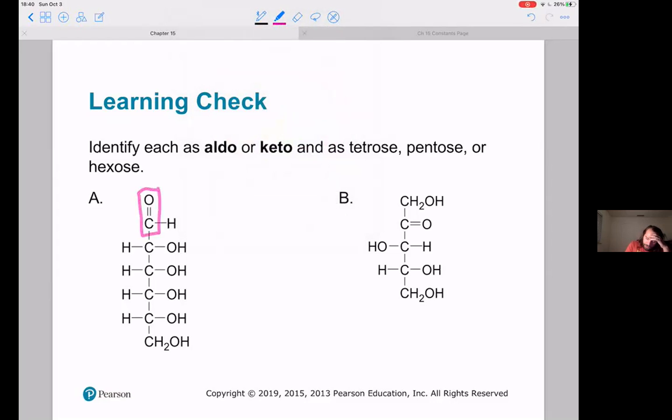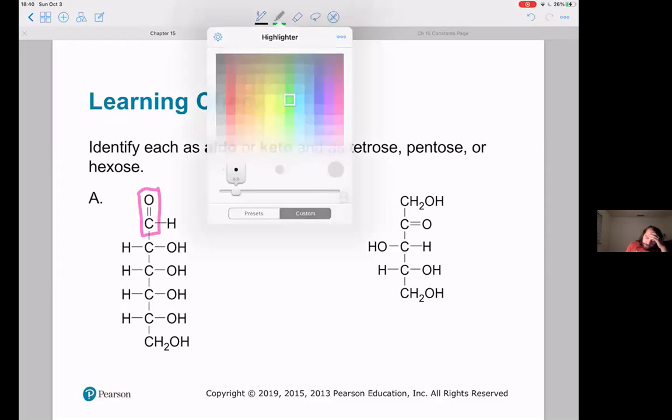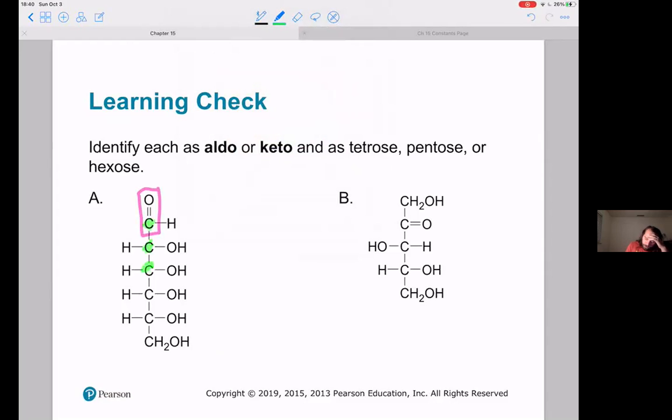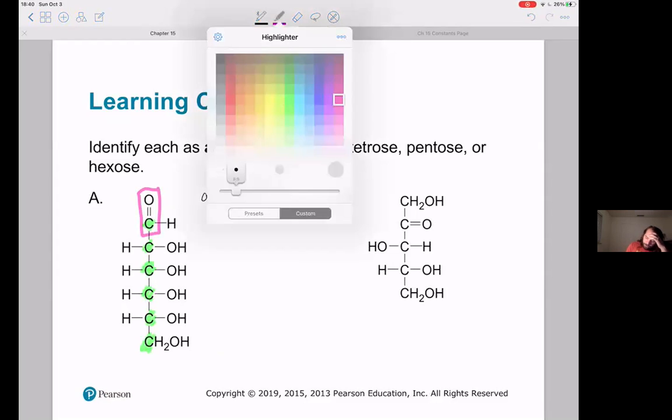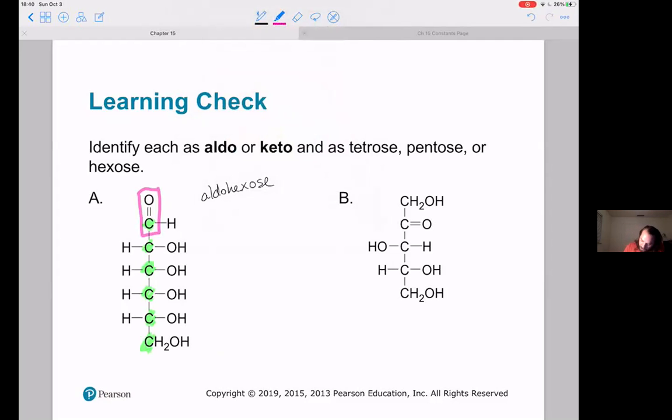I have an aldehyde, and 1, 2, 3, 4, 5, 6 carbons, so this would be an aldohexose. On this second example, B, I instead have a ketone, so it's a keto, and then 1, 2, 3, 4, 5 carbons. So this would be a ketopentose.